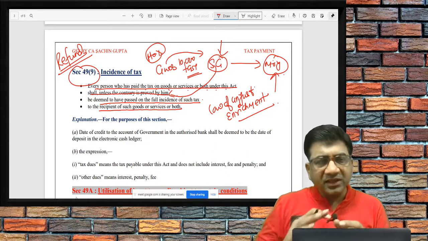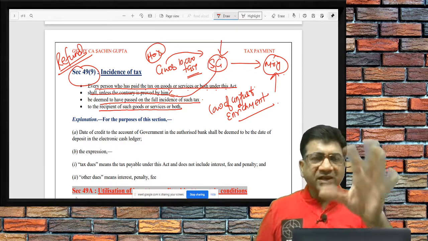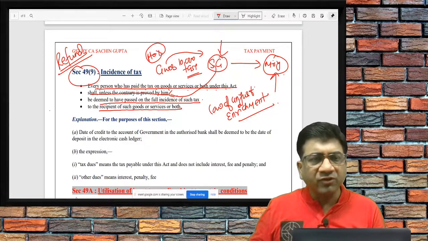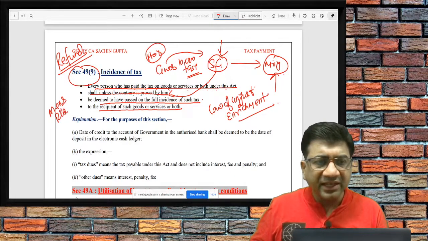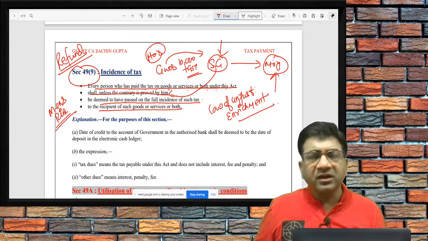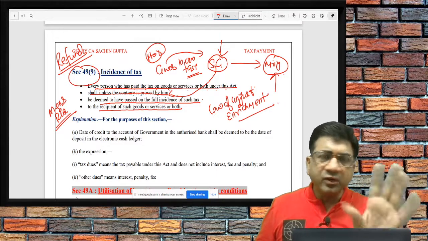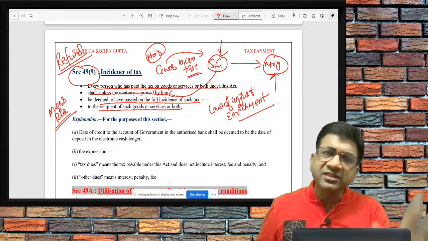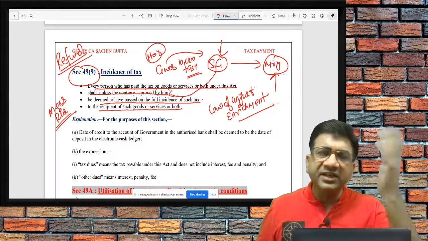So this is an assumption, just like in criminal law. There is an assumption of mens rea. Mens rea means guilty mind. If a person is found committing a murder, the government need not prove that he had the guilty mind. You know this. It will be assumed that he had the guilty mind.